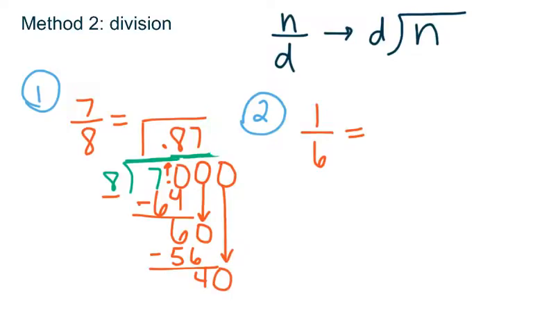So then I'm going to keep going, and I'm going to say, how many times can 8 go into 40? Well, the answer is 5, because 5 times 8 is 40. I'm going to subtract, and I have a remainder of 0. So now I know that I'm done, and I have my final answer. So 7/8 is equal to 0.875 as a decimal, and this would be using your division method.